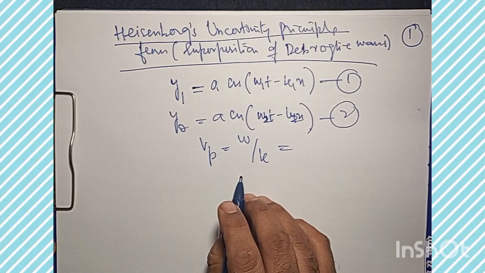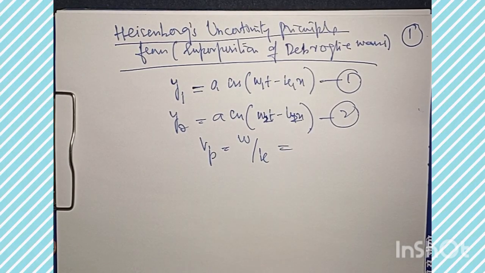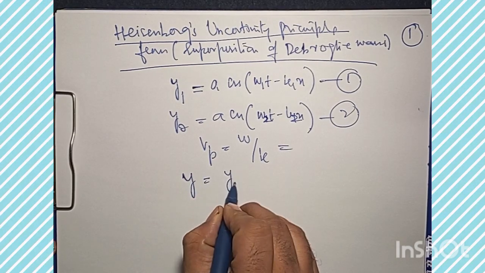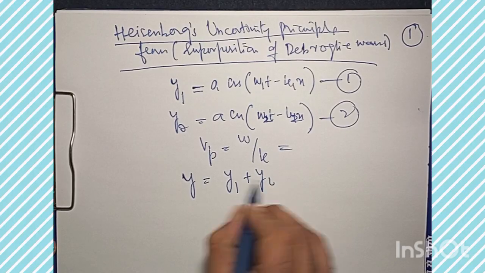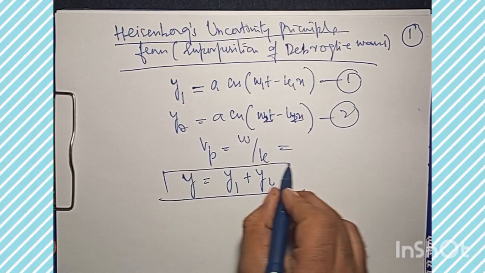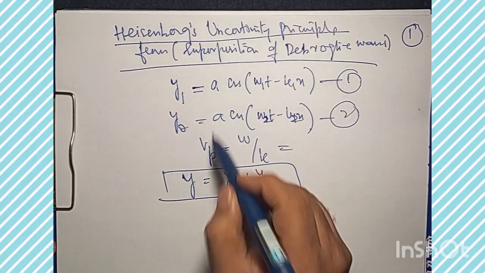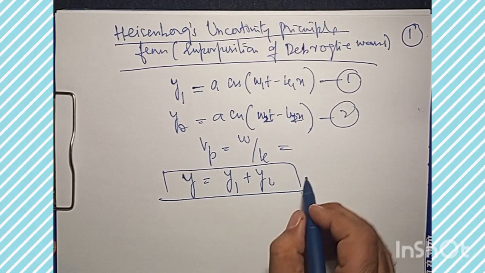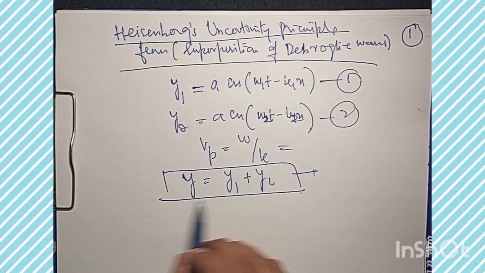Right? So the resultant of these two waves was y, which was y1 plus y2, assuming that these two waves have constant amplitude and a constant phase. So applying the superposition principle, we have y1 plus y2.